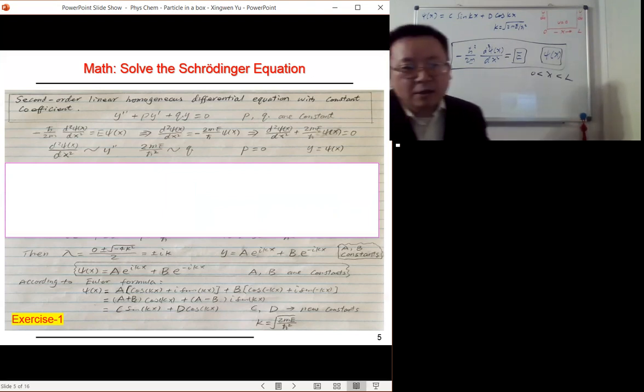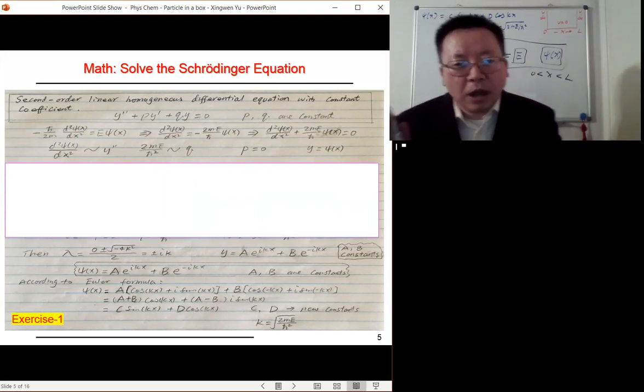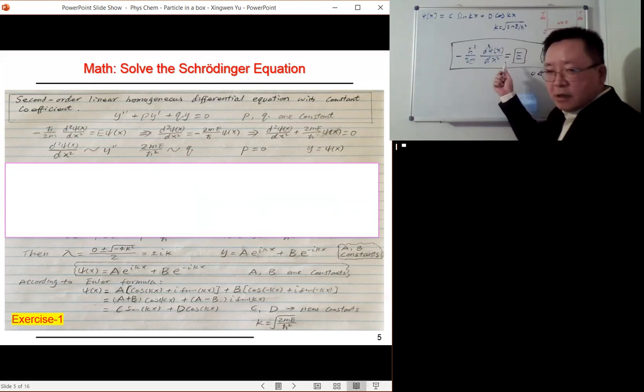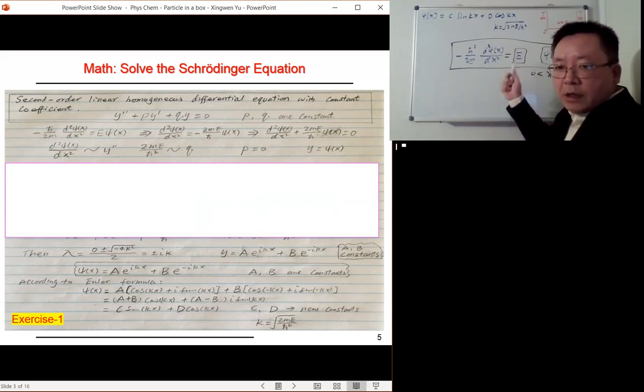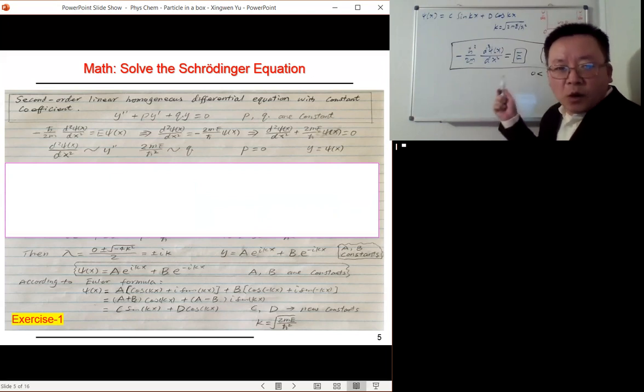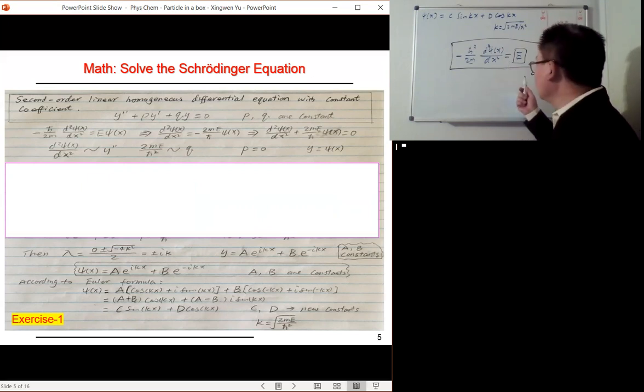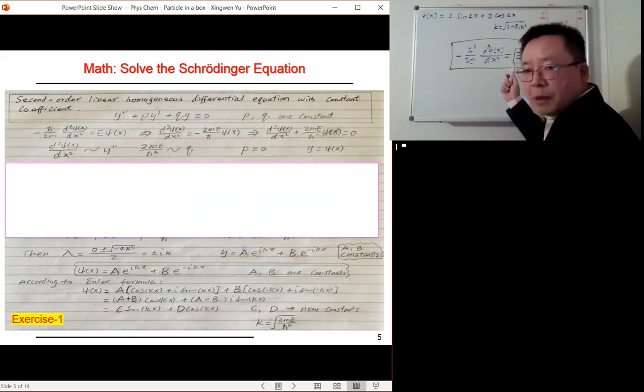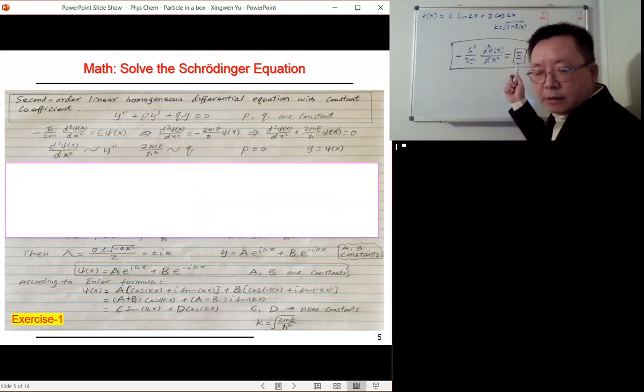I have written the full note about how to solve this Schrodinger equation. In this case, the differential equation is called a second order linear and homogeneous differential equation with constant coefficient. So it needs some special mathematics skills.